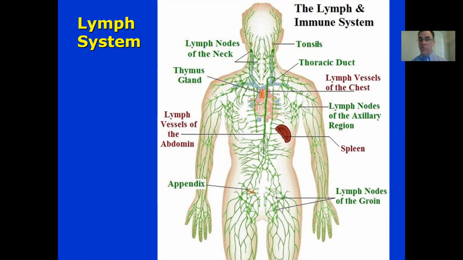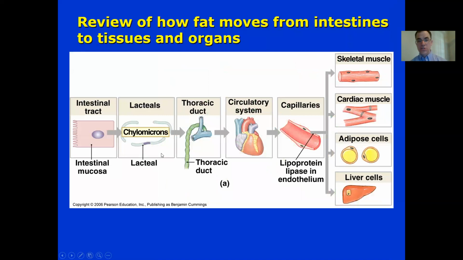So the question is, where does the triglyceride, or the chylomicron containing the triglyceride, go from here? Again, just a review of how fat moves from the intestines to the tissues and organs. Here we have the intestinal tract. Here's the lacteal containing the chylomicrons.